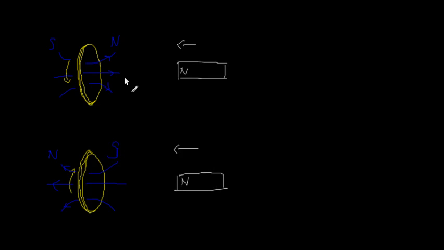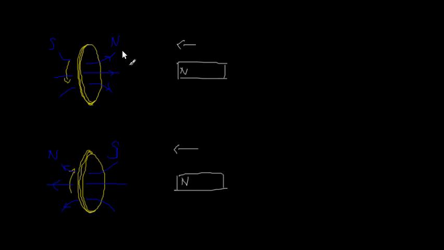If you look at the top figure, the first possibility, I have a North Pole on this side, and I have the North Pole of this magnet which I'm pushing closer to the coil.